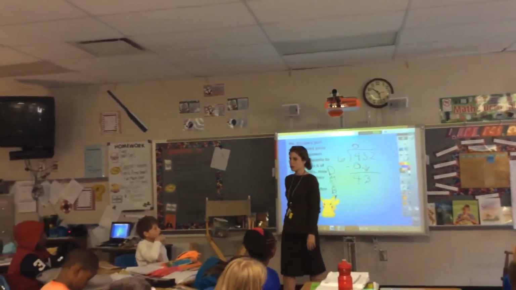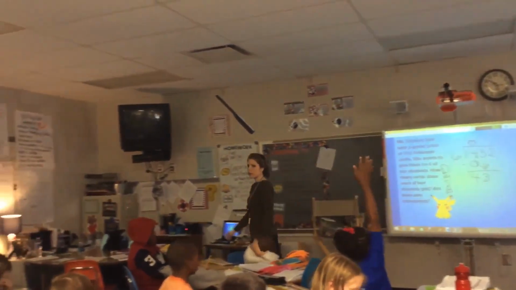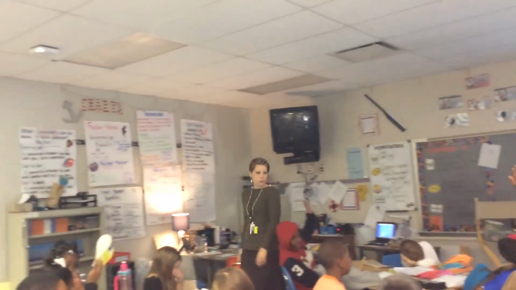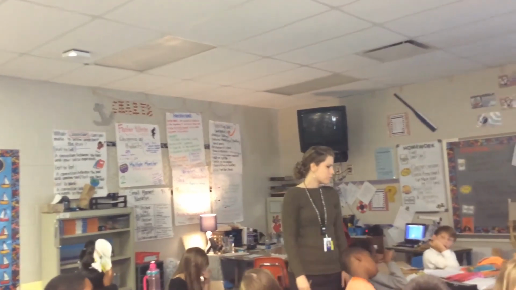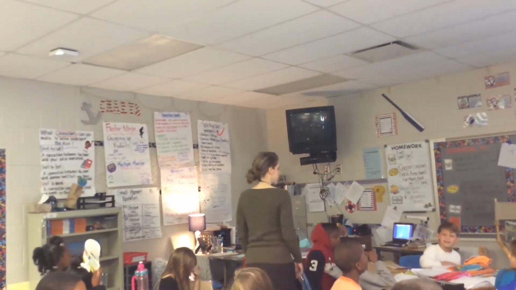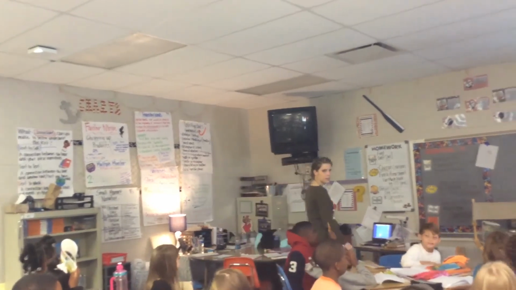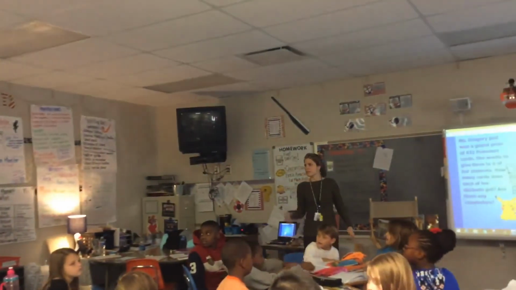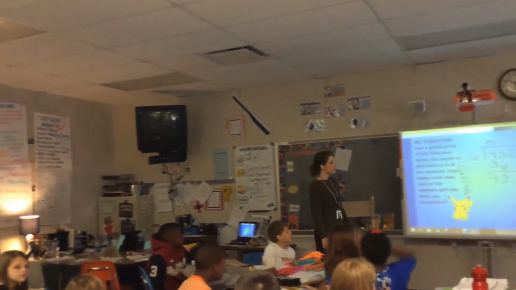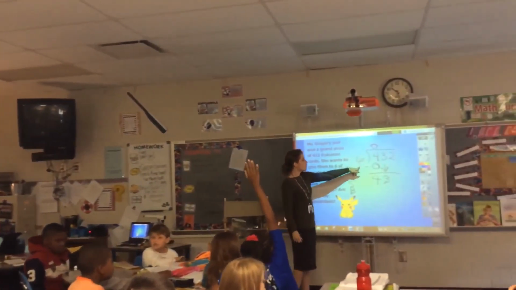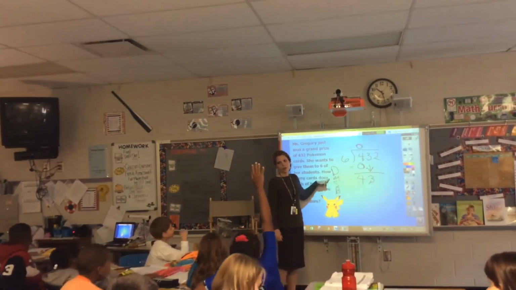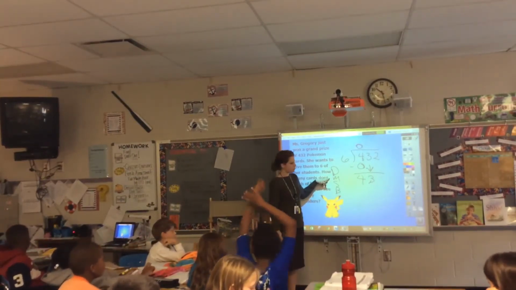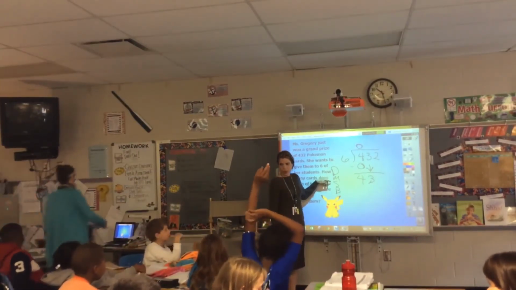Now, who do I want to call on? Anthony, what are we going to do next? What do we do next? We brought it down. We did our B. Now what do we do? Build a new house?